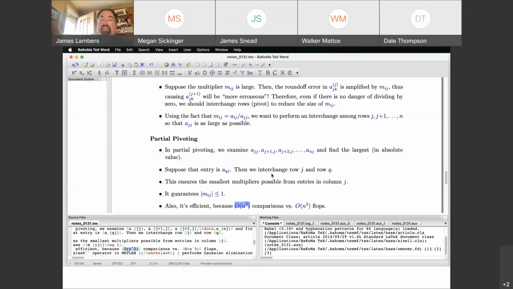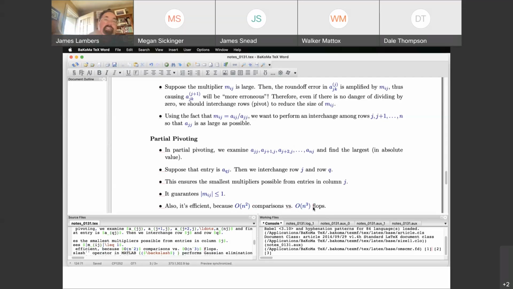And you're going to perform at most n minus 1 interchanges, one for each column, moving around order n squared elements in total. That is negligible compared to the order n cubed work you're doing for the arithmetic of Gaussian elimination. So it's adding something, but it's not much in the whole scheme of things, especially for a large matrix.